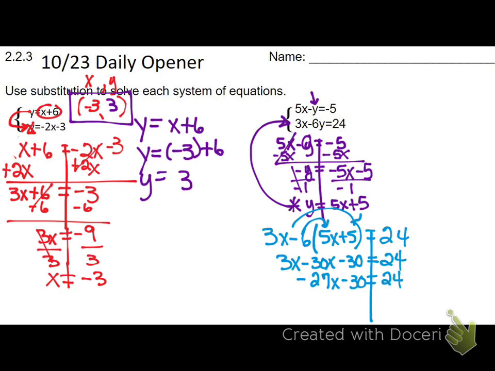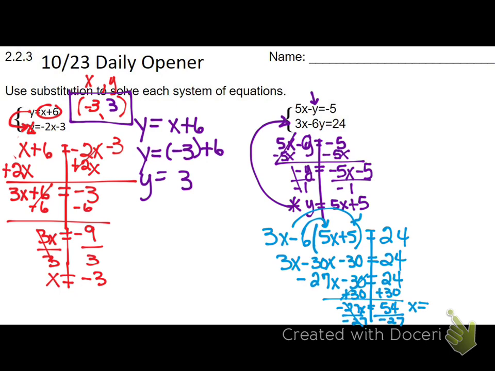And then you'll add 30, that's right, and you get negative 27x equals 54. And then divide by negative 27. That's okay if you need to move so you can see.